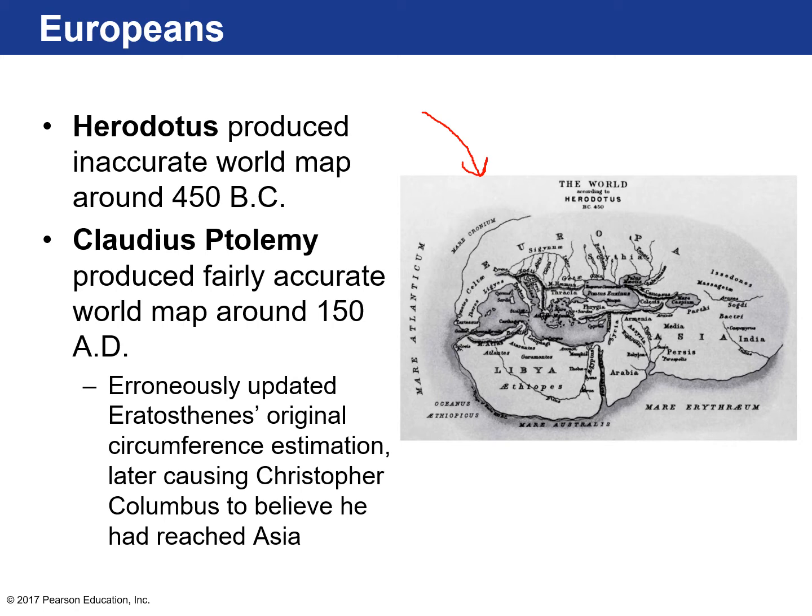Okay, this was in 150 AD. So Ptolemy updated the circumference estimation, and that was used by Christopher Columbus, who believed the Earth was much smaller than it was because of this erroneous calculation, and that's why he thought he could make it to Asia by sailing west in the Atlantic.